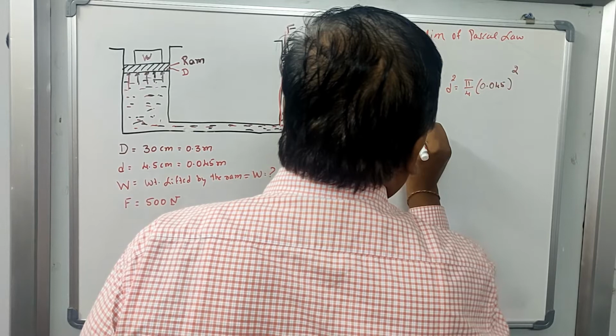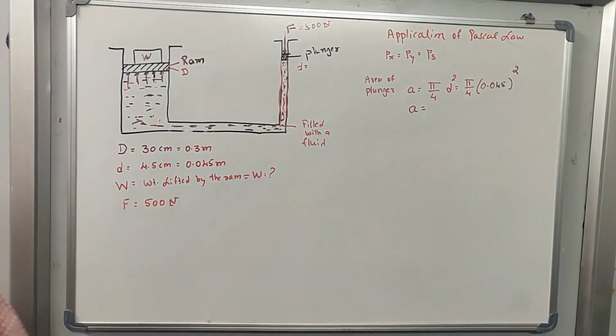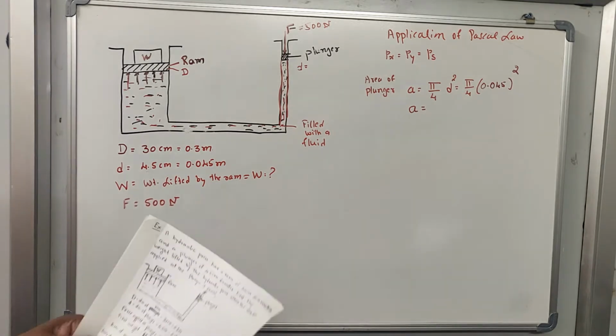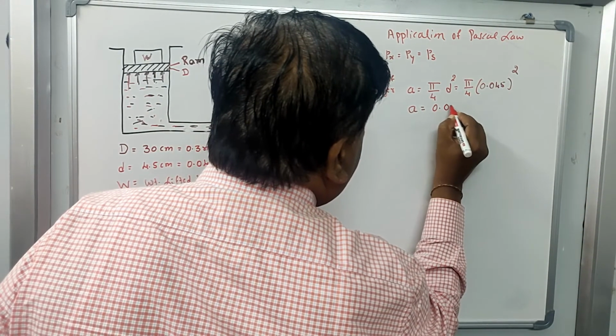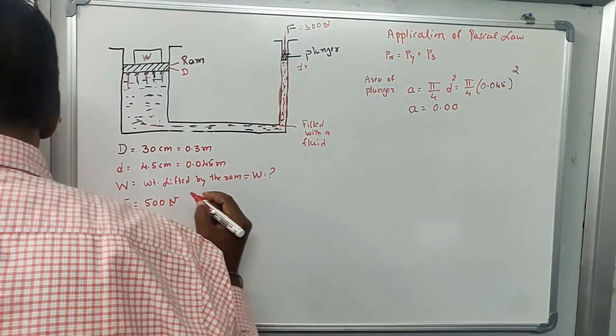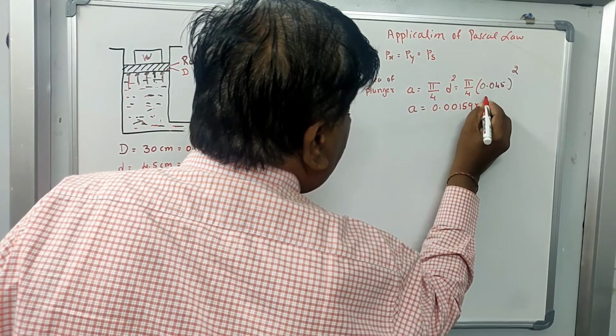So the area of the plunger is 0.00159 meter square.